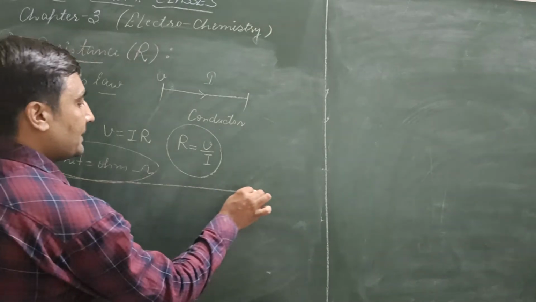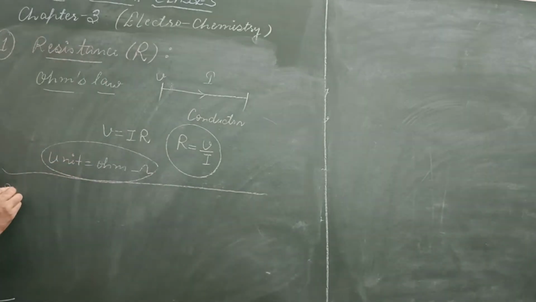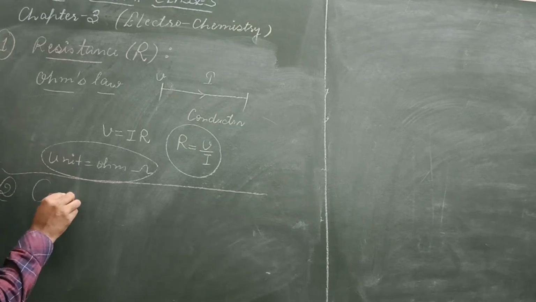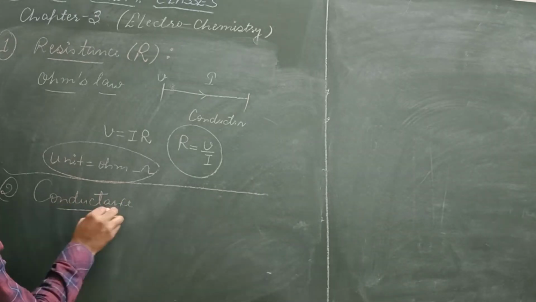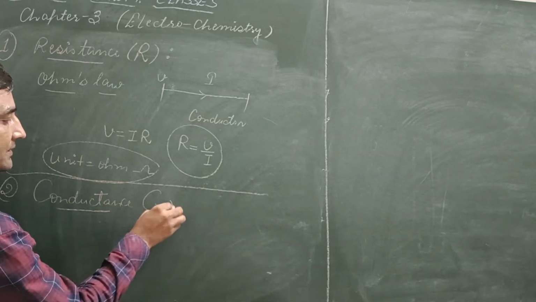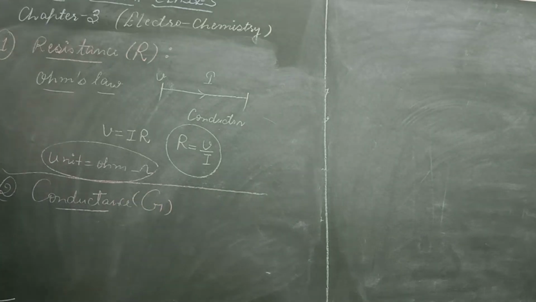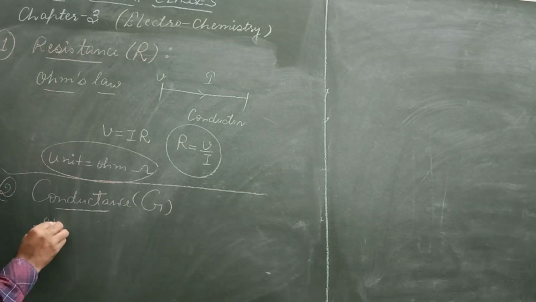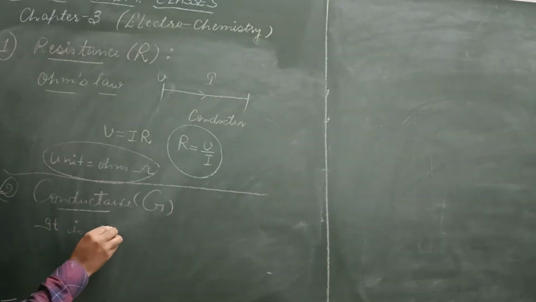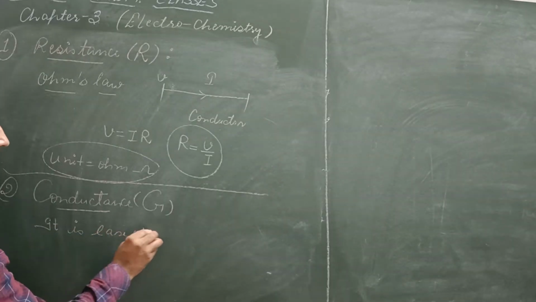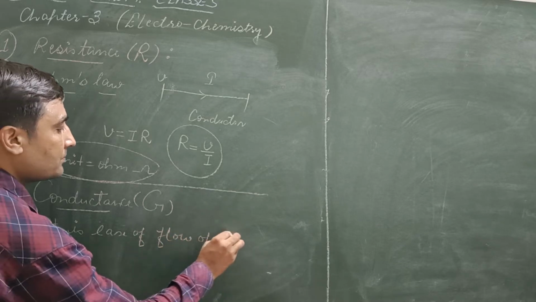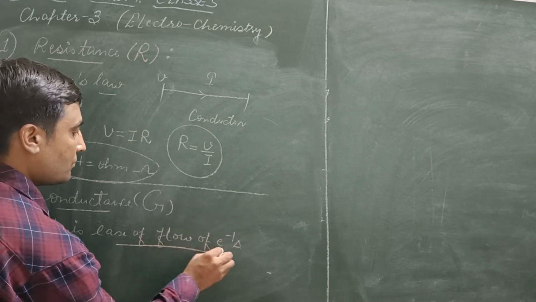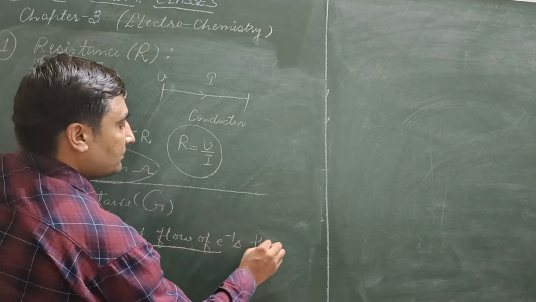The next basic term is named conductance. Conductance is shown by G. It is defined as the ease of flow of electrons through the electrolyte.